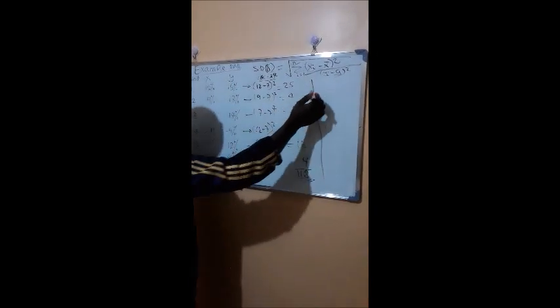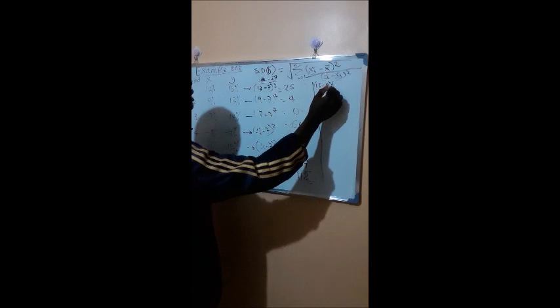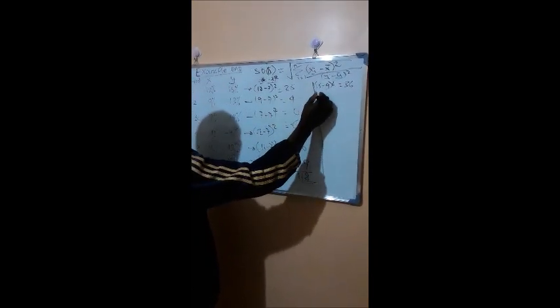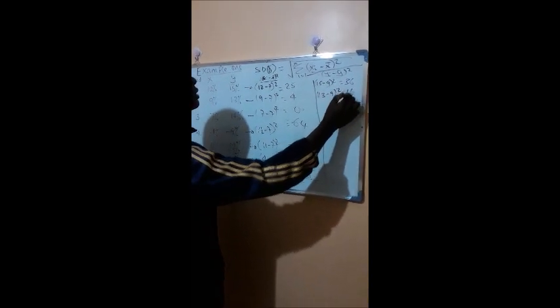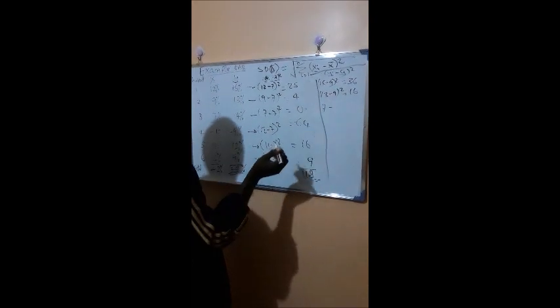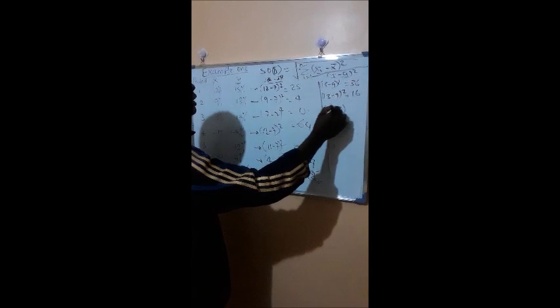For period 1, 15 minus 9 squared is 36. Period 2, 13 minus 9 squared, 16. Period 3, 7 minus 9 squared is equal to 4.